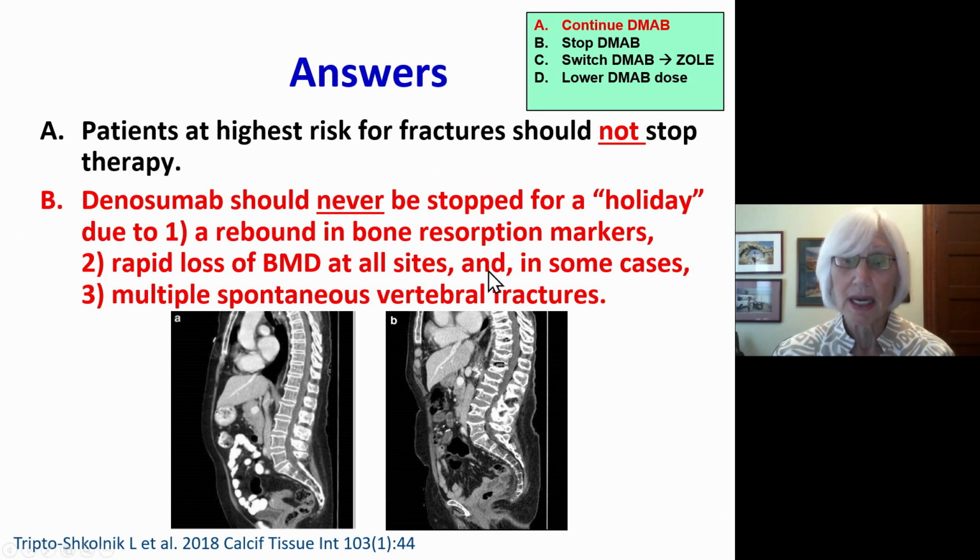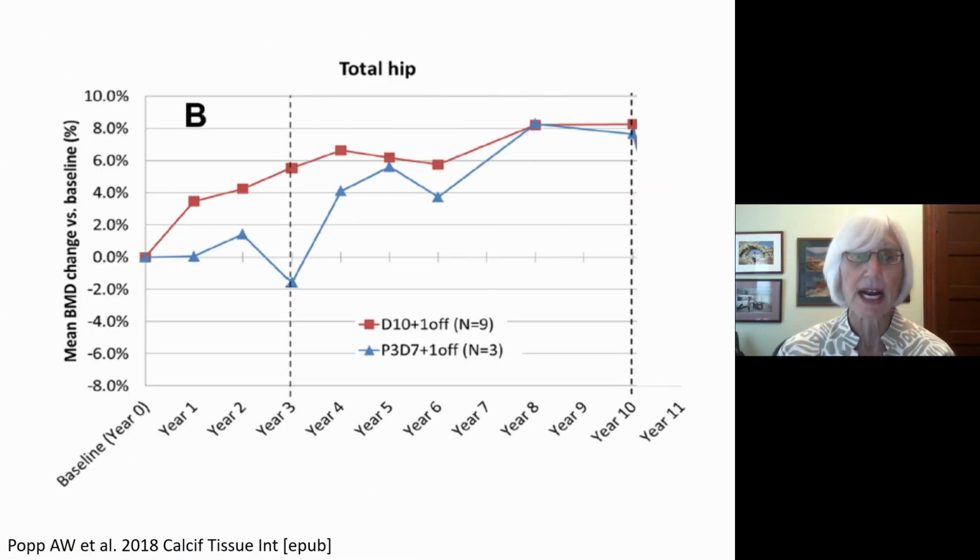And within a short period of time, she sustained something like 5 or 6 spontaneous vertebral fractures. There are now multiple reports of this rapid bone loss. And in a small subgroup of patients, these spontaneous, terrible, painful vertebral fractures.